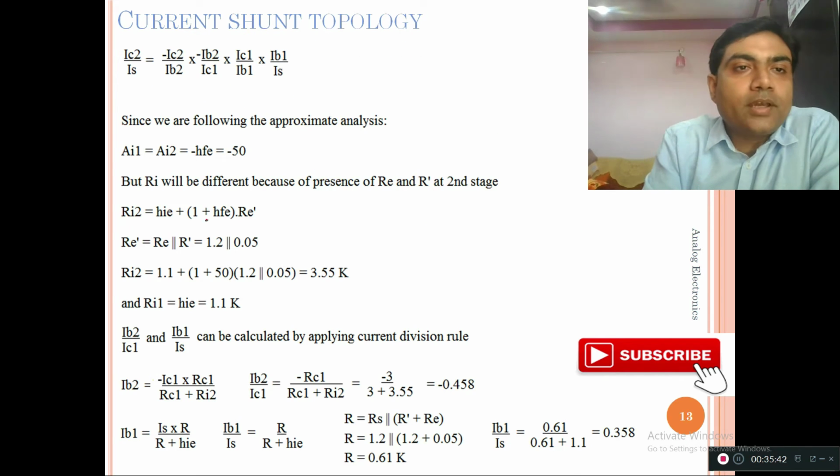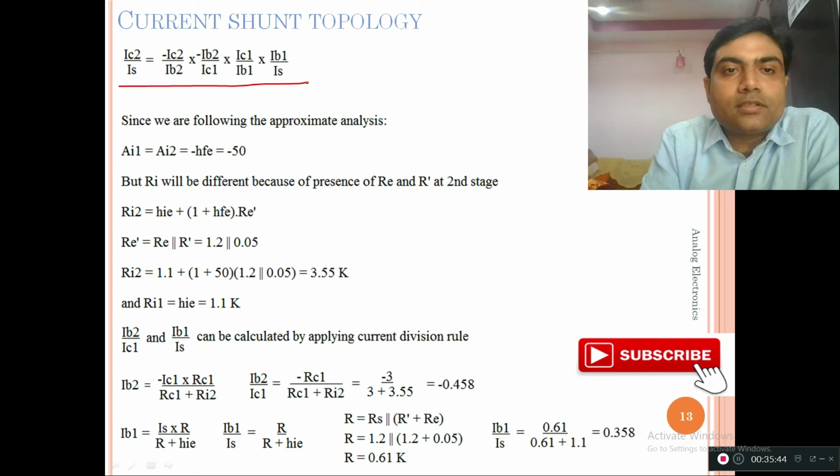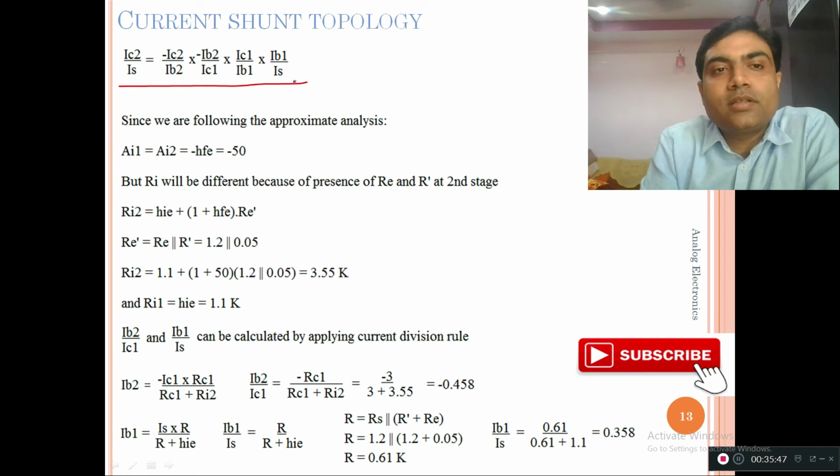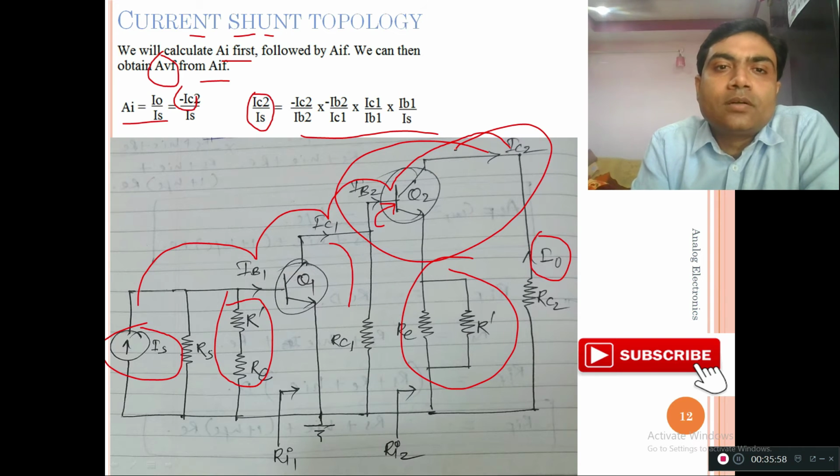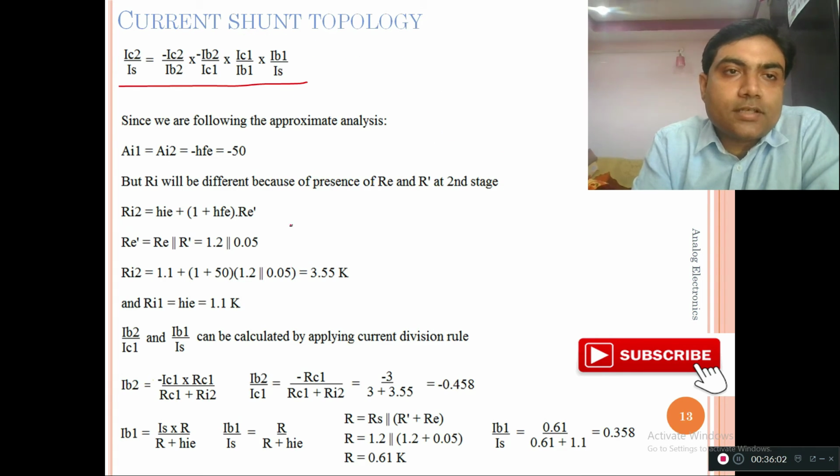So to begin, I have taken the same logic which we discussed in the previous slide. Let me be clear about what IC2 upon IB2 gives me. This logic, IC2 upon IB2 written over here first, is nothing but AI2.